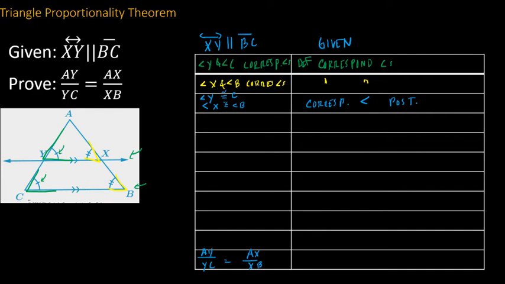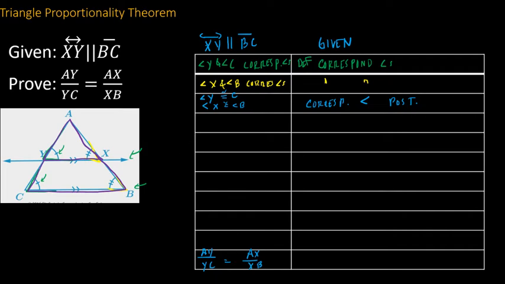What does that tell me about my triangles? So you can see the bigger triangle, the large triangle here, but we've got the second triangle right here as well, right? I've got triangle AYX, but I've also got triangle ACB or ABC. What does my information about those corresponding angles being congruent tell me?